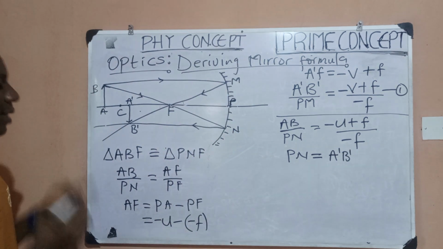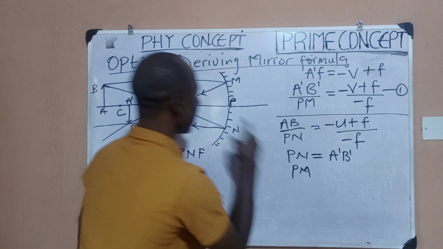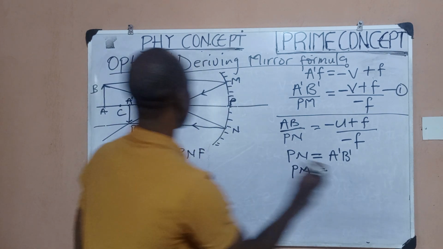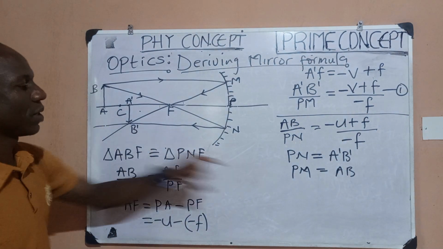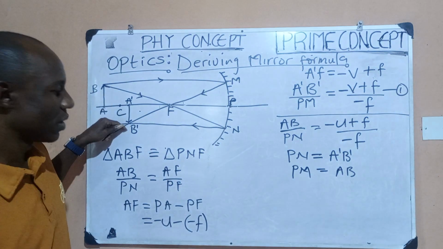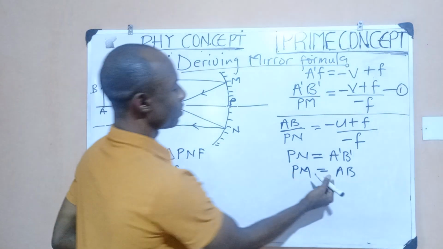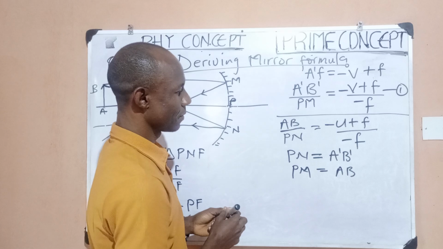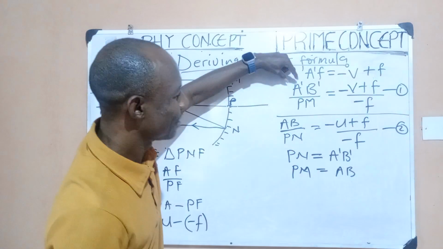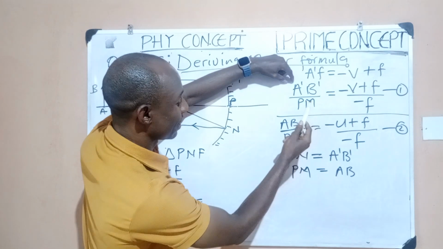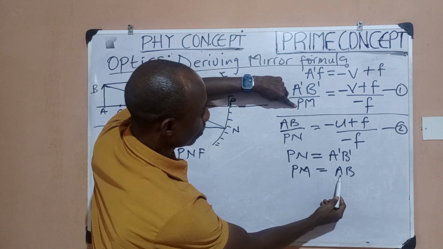And you can also see very clearly that PM, this height, is the same thing as AB. So you're very correct. PN is your image height, then PM is your object height. So if I do this replacement, in this equation 1, I'm going to replace PM in equation 1 with what now?